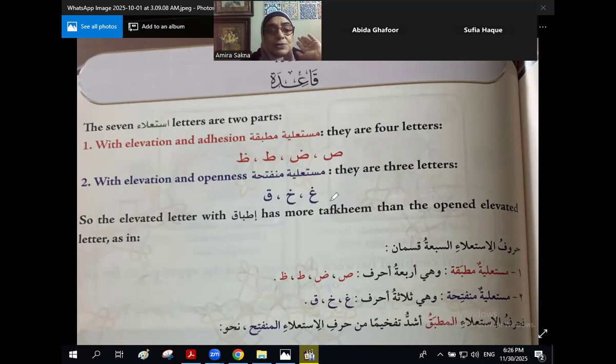They are three letters: غين, خاء, and قاف. So the elevated letters with إطباق, مستعلي مطبق, have more تفخيم than the opened elevated letters, مستعلي منفتح. So صاد, ضاد, طاء, ظاء have more تفخيم than غين, خاء, قاف. Okay.